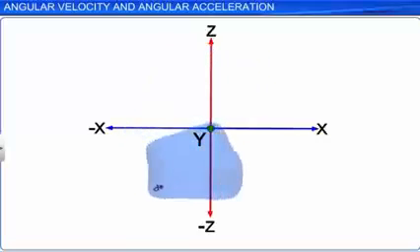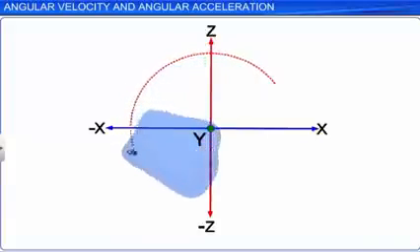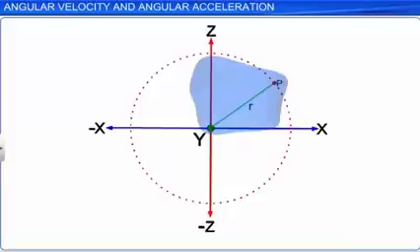Observe a particle at P in the rigid body, at a perpendicular distance r from the axis of rotation. Let O be the center of the circular path of the point.